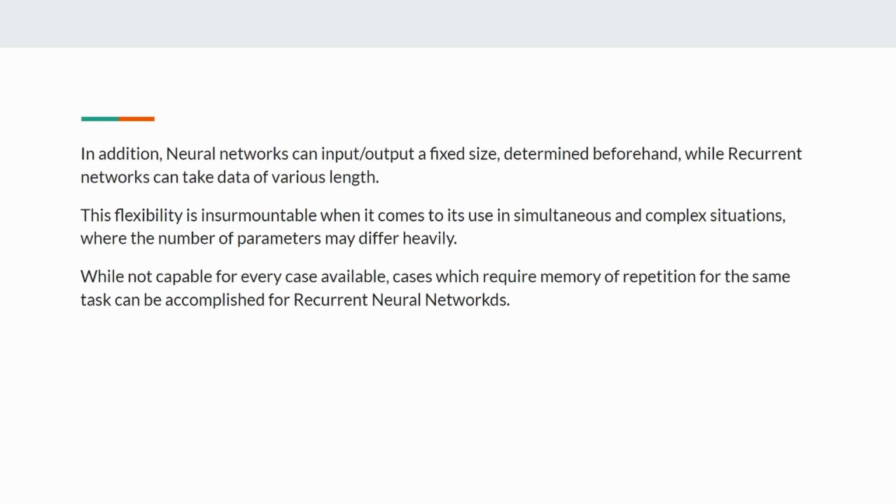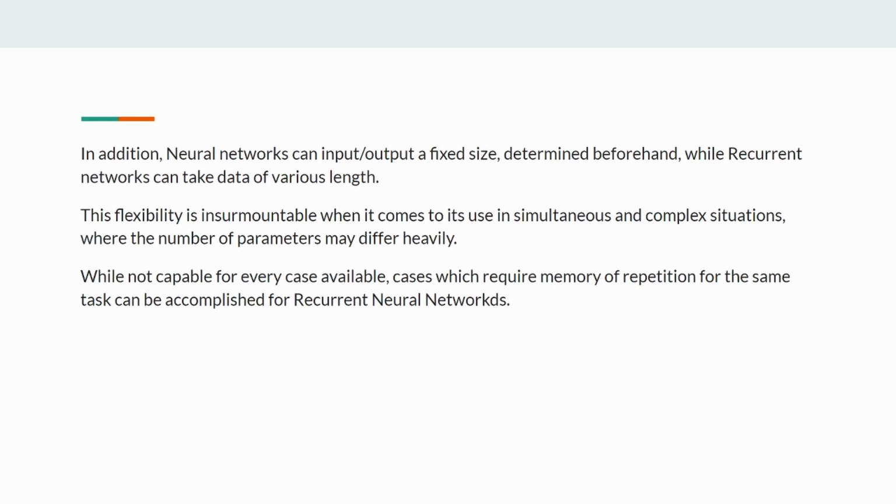It allows things like voice recognition, where you can use a very long paragraph versus a short sentence. But this may cause issues with every case, as sometimes cases with memory for repetition of the same task can be accomplished with recurrent neural networks.